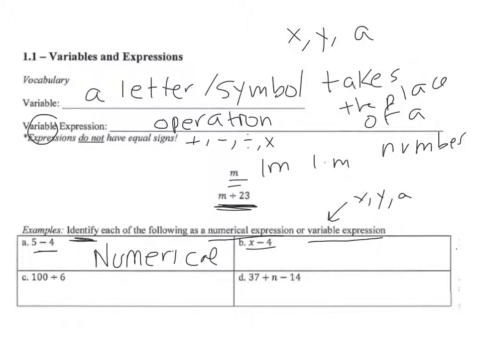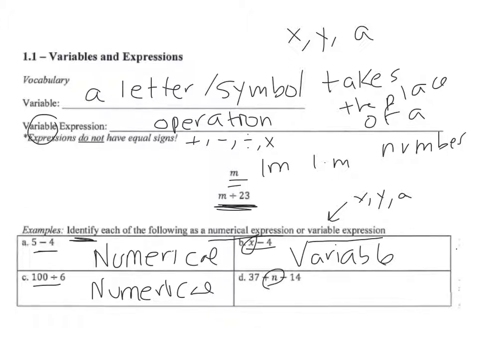This one is variable because it has a variable in it, which is X. This one is numerical because there is not a variable. And the last one has a variable, so it is a variable expression. That's the difference between a variable and numerical expression.